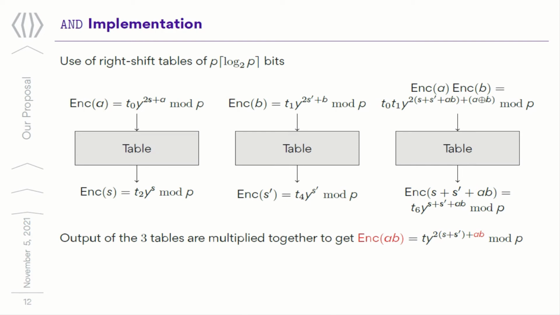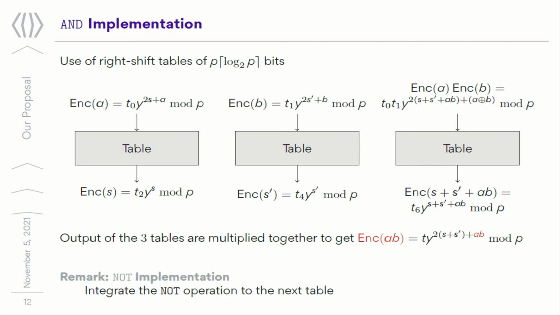Indeed, the quantities S and S prime are deleted, thanks to the XOR of the addition. So all this table will decrypt the encoding, right shift, and re-encrypt it. And so we have P times log 2 of P bits in these tables.